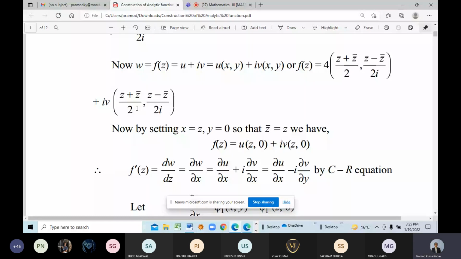It means z equals z bar. In that case only u becomes real. So if z equals z bar, then u becomes a function of z, and z minus z bar becomes 0.